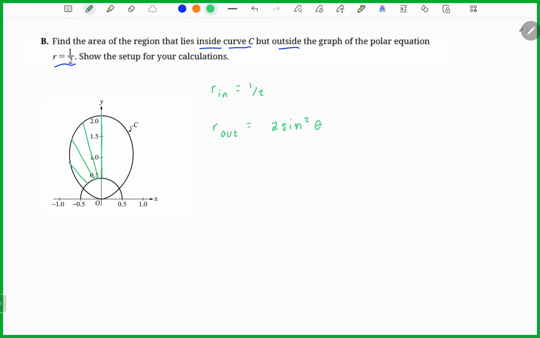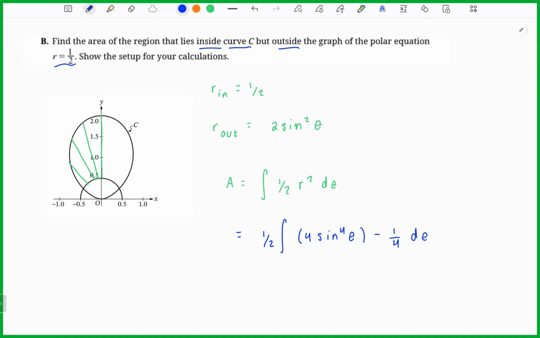And so now using our formula, remember that the area of a single polar curve will be 1/2 r squared d theta. What we now will state is that our area is equal to 1/2 r outer squared, namely 2 sine squared theta squared, or 4 sine to the 4th theta, minus our inner squared, or 1/4, d theta.